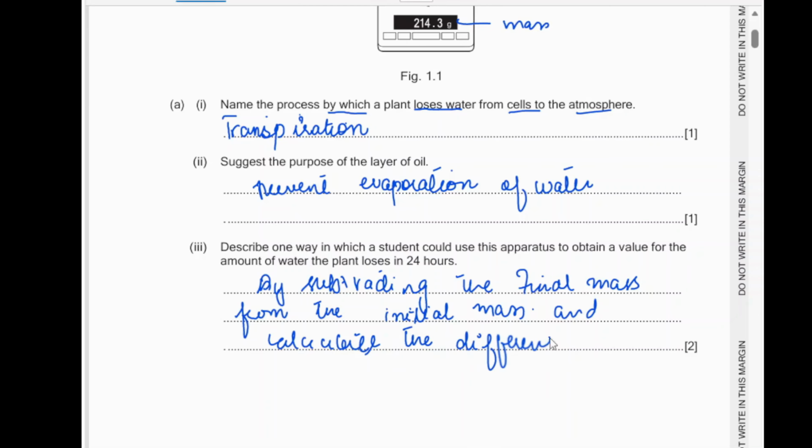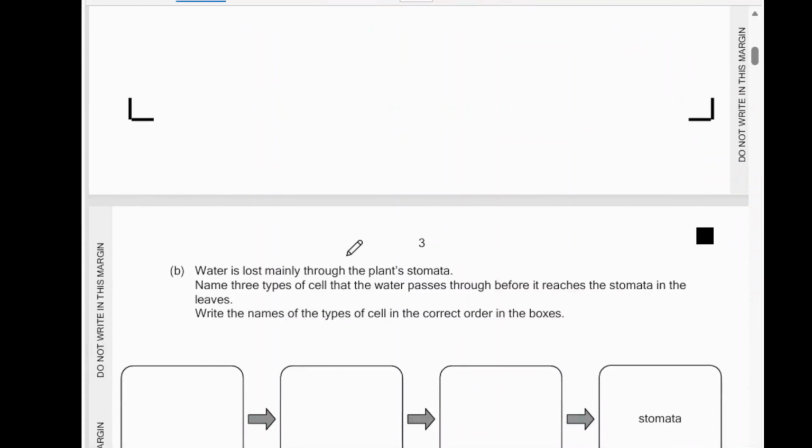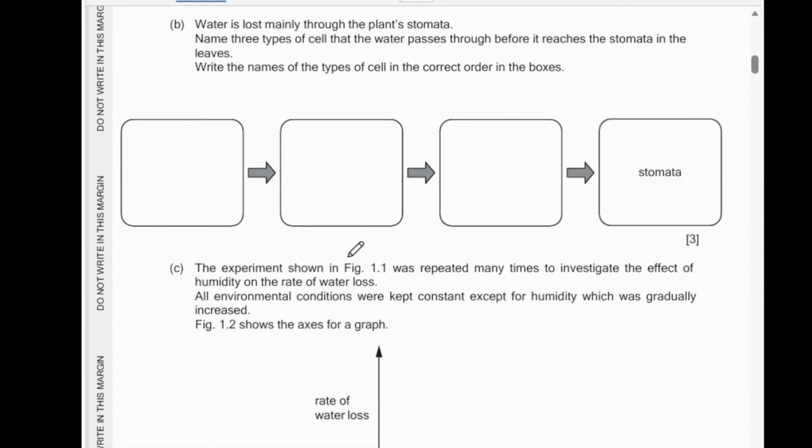Okay. The next question is, water is lost by stomata, so you have to give the pathway by which it reaches stomata starting from the root. Yeah. Okay, it's not given, but you can start from root. Okay, root.